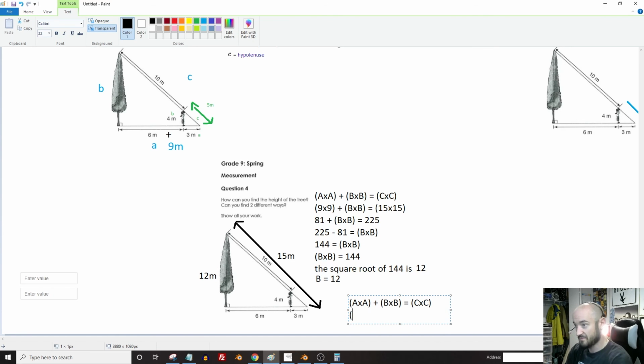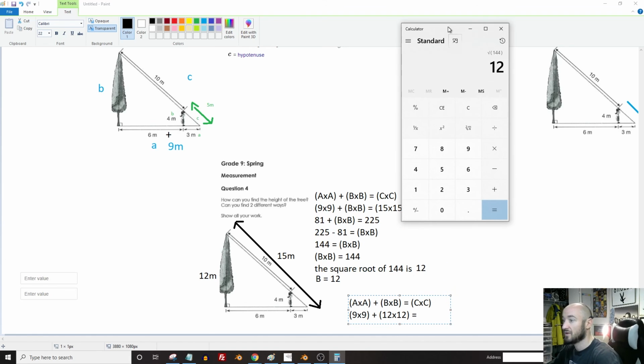So a is 9 times 9, plus b, which we solved for, is 12 times 12. What does that equal? 9 times 9, 81.